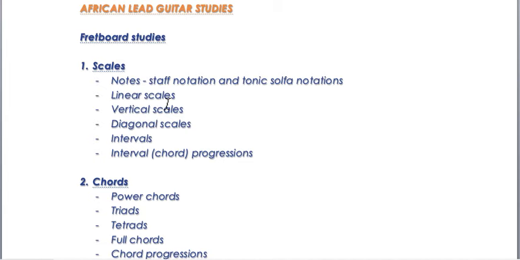Then we're going to do vertical scales, that is studying scales on all the 6 strings at the same time. Then we're going to do some diagonal scales, going diagonally forward or diagonally backwards, whichever way you look at it. Then we're going to go through intervals of scales, and the scale that we're going to start with is the major scale.